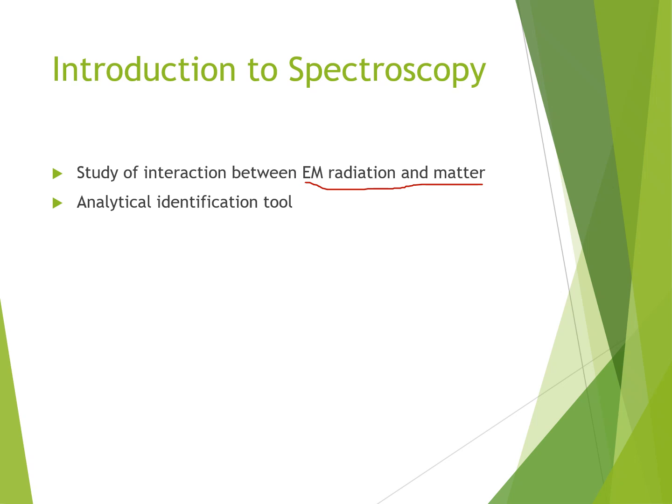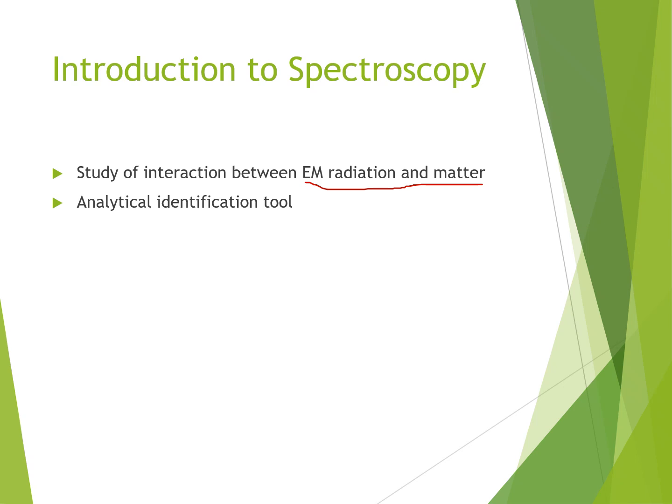When radiation interacts with atoms or molecules, it can be absorbed, emitted, or scattered. This interaction gives very valuable information about molecular structure, the concentration of the sample, and the environment.